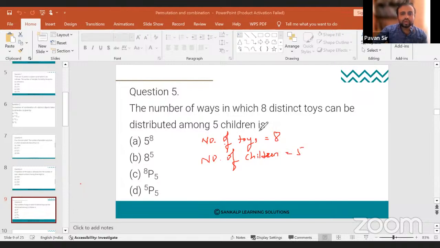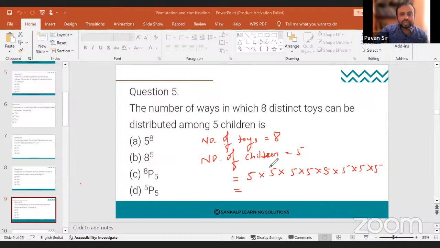So the 8 toys we are distributing among 5 children. Each toy can be given in 5 ways, and this is done 8 times: 1, 2, 3, 4, 5, 6, 7, 8.